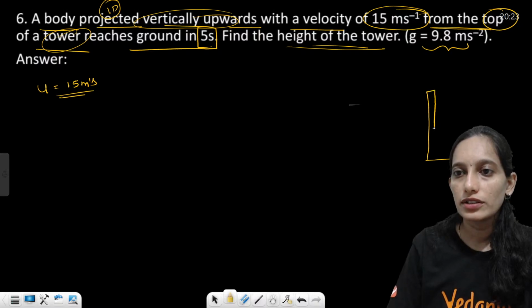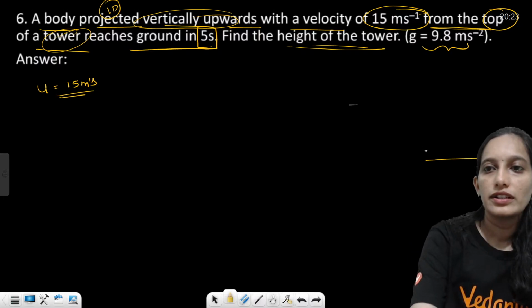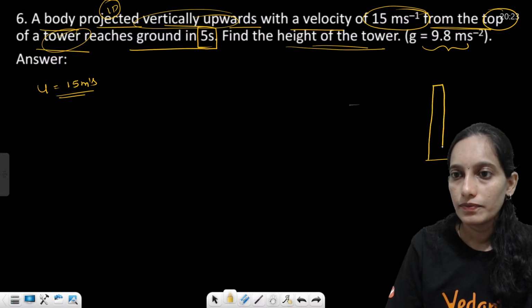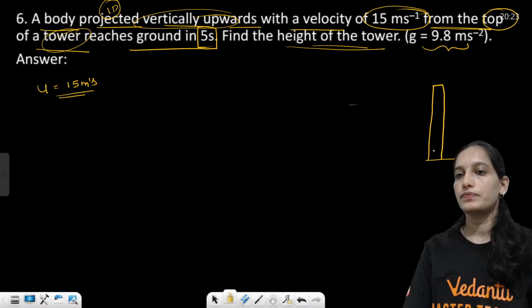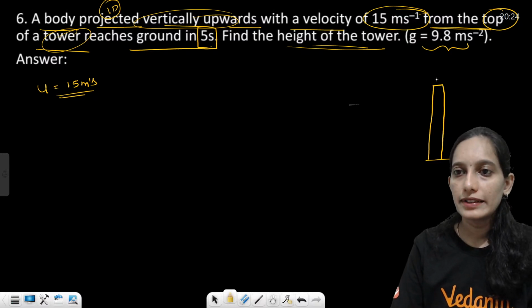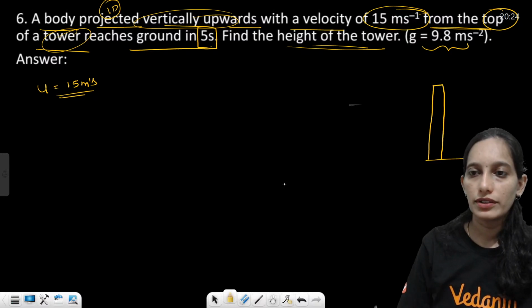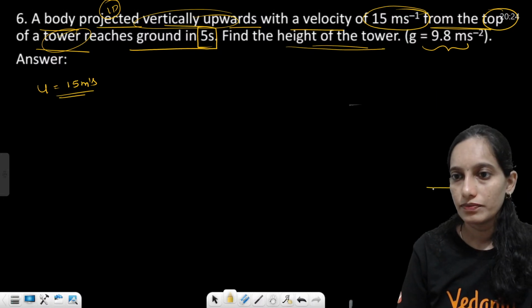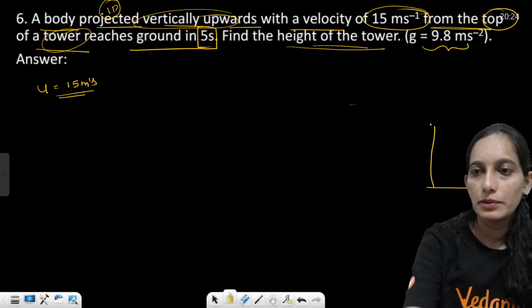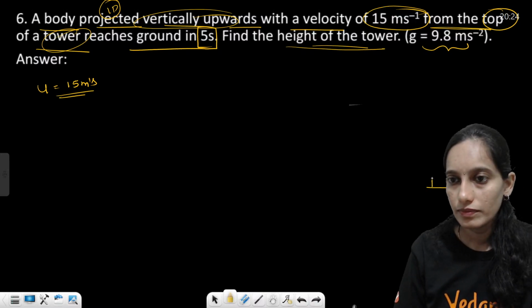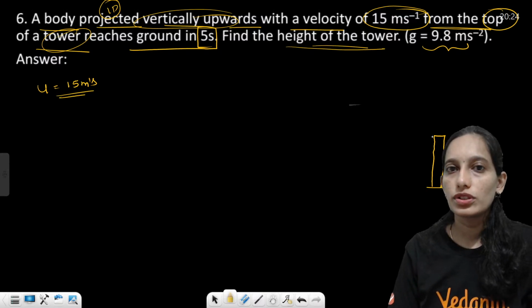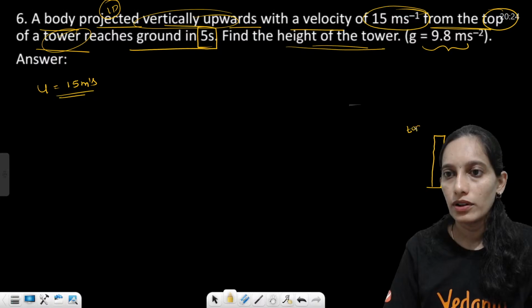So let us say this is some tower. Let us try to draw it neatly. So this is the top of the tower.